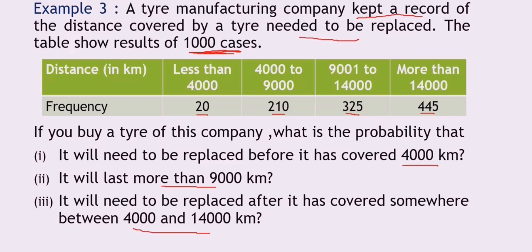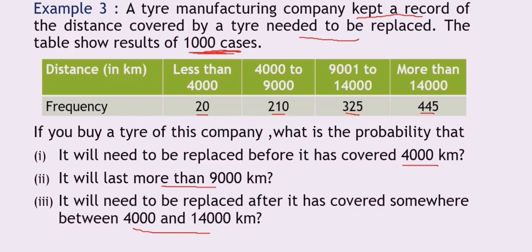Now, the use of the tire will depend upon how the person drives the car. If he is driving the car too roughly, then maybe the tire gets damaged faster. Or if the person is a very smooth driver, the tires may last long. So here we do not know the conditions why the tires were changed. It is possible that the persons who get the tire changed early live in a village side where the roads are rough, and those with more than 14,000 live in a city where the roads are good.